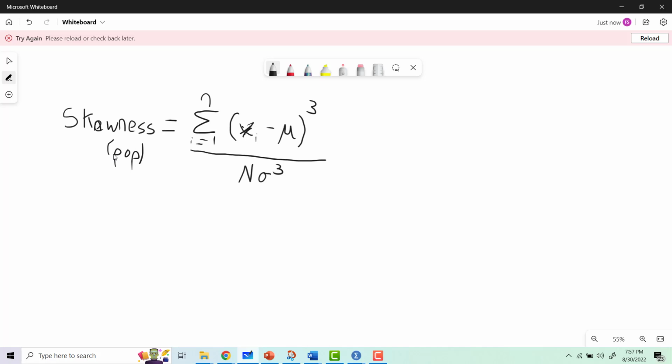Now the important point here is this is to the power of 3. So if x_i minus mu is negative, then this is going to be negative, then this is going to be negative, is also going to be negative.